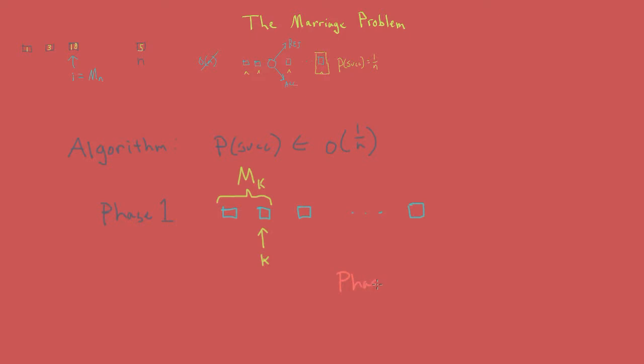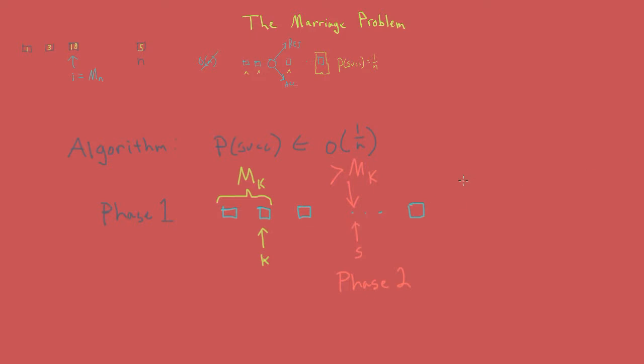In the second phase, we select an object. We select the very first object whose value is greater than m sub k. So the index value that the algorithm outputs we'll call s.